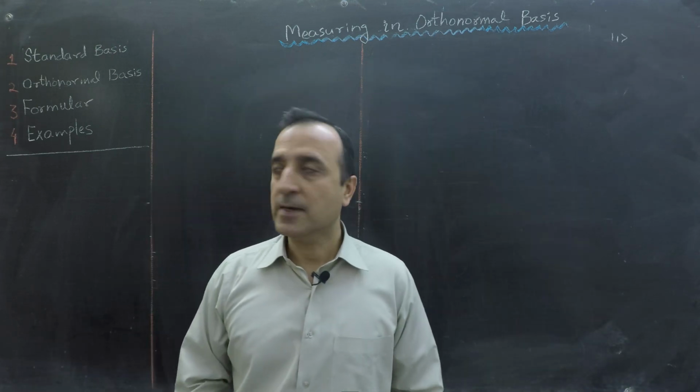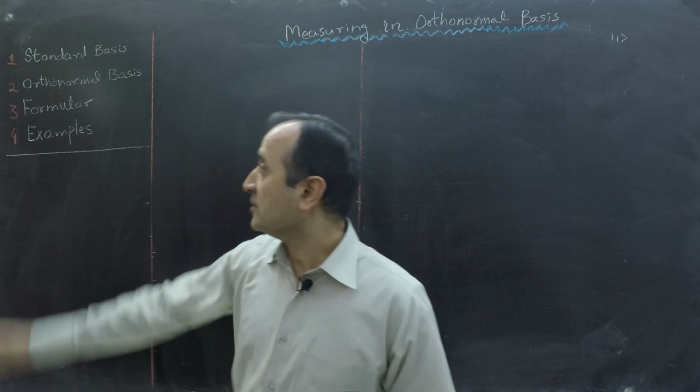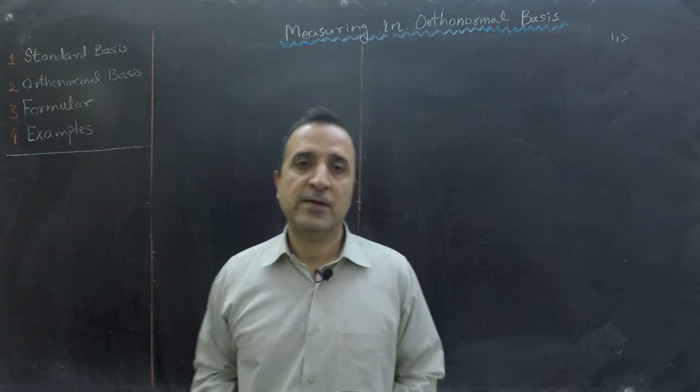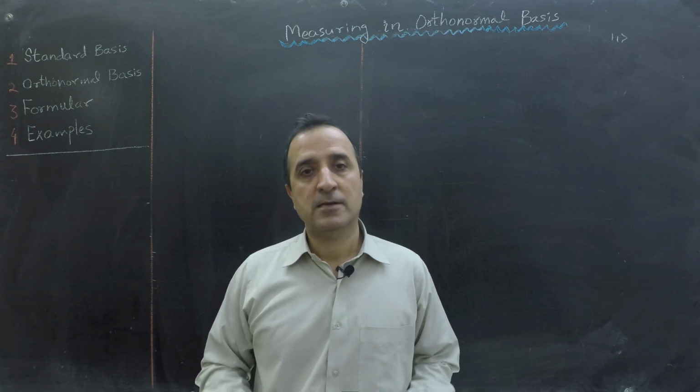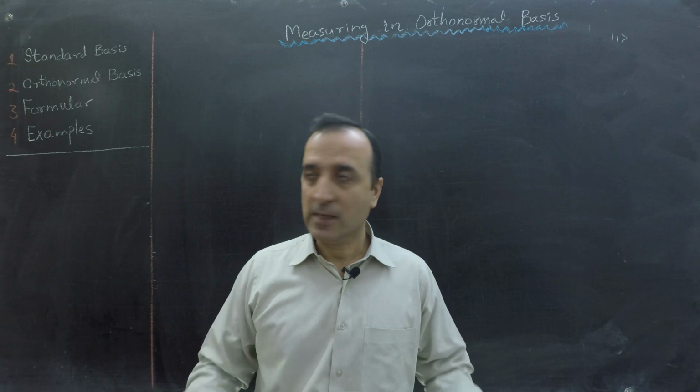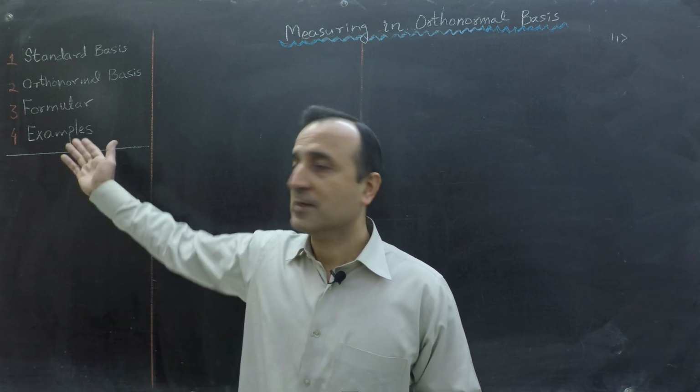So the board is cleared, and now first I will write a formula. That formula you can use to write any vector in the orthonormal basis of your liking, and then we will do some examples.